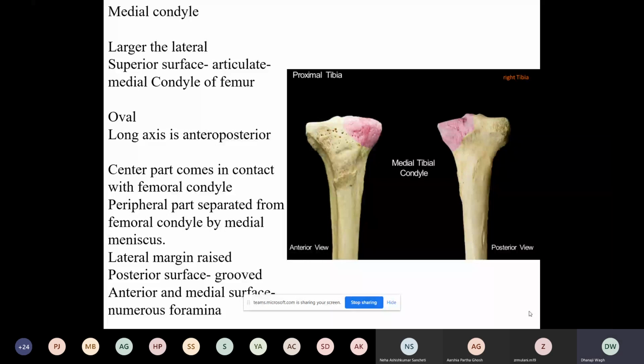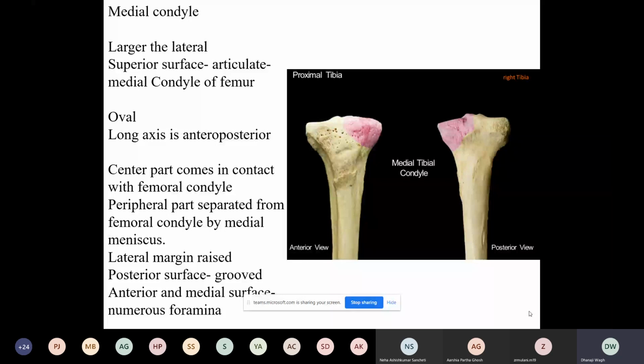Its medial margin is raised, and posteriorly there is a grooved area. Numerous foramina are present. We can see this in the diagram.